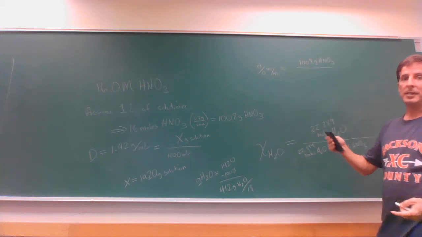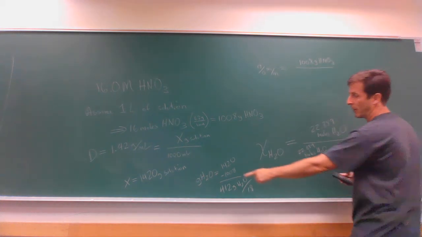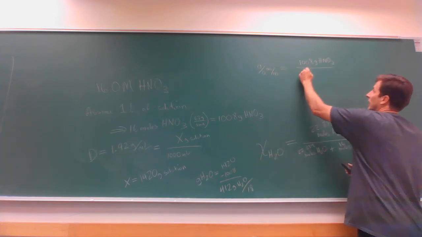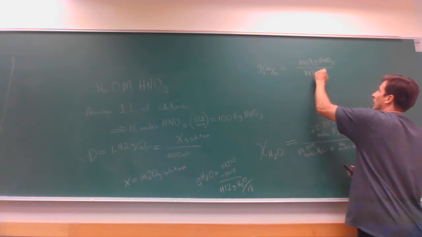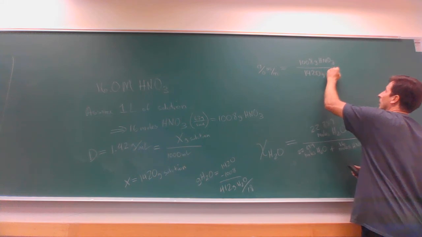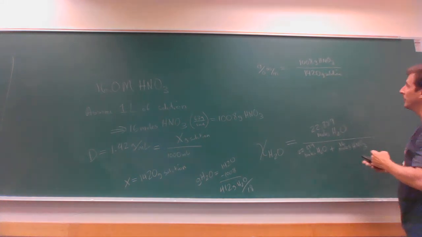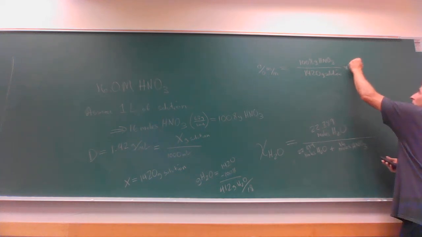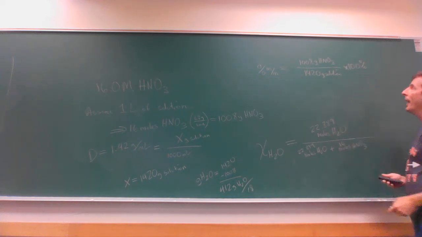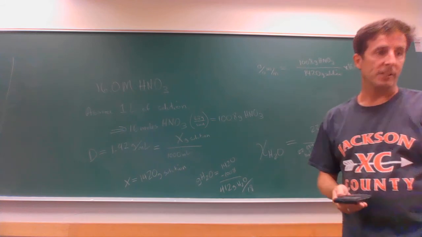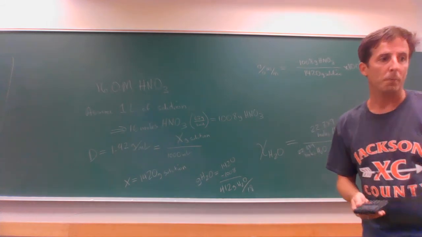On the bottom, it's supposed to be the total mass of the solution, which we already figured out is 1,420. For mass percentage, it's the part over the whole times 100. And that's going to give you, as the slide tells us, 71% mass to mass.